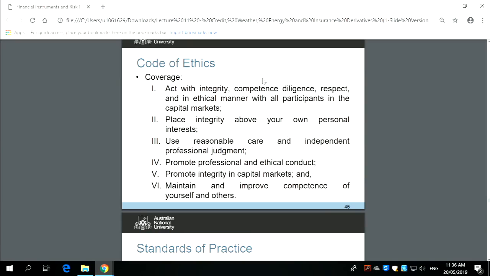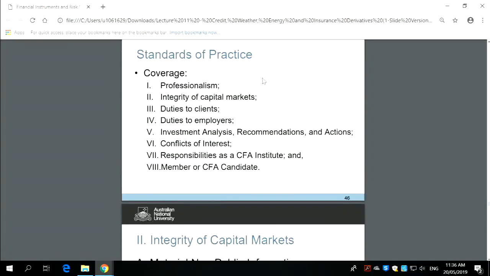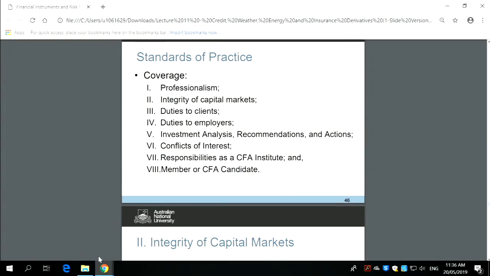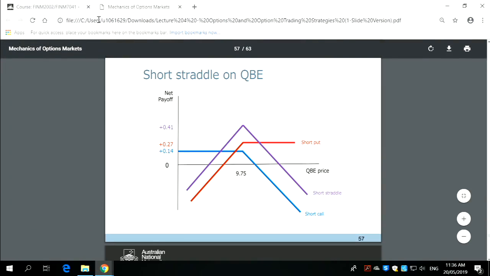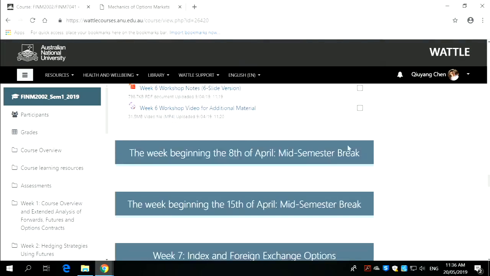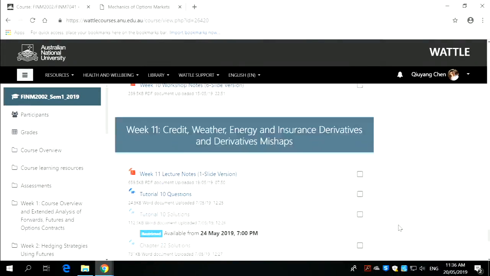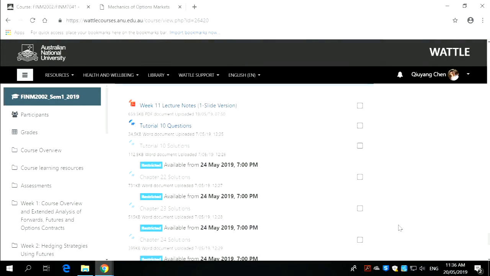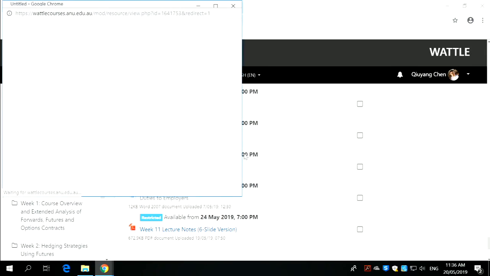So, code of ethics. I've actually got a one-page cheat sheet on the portal. If you log on to your portal, go to Wiki 11, there is this cheat sheet here. Basically, it details everything.